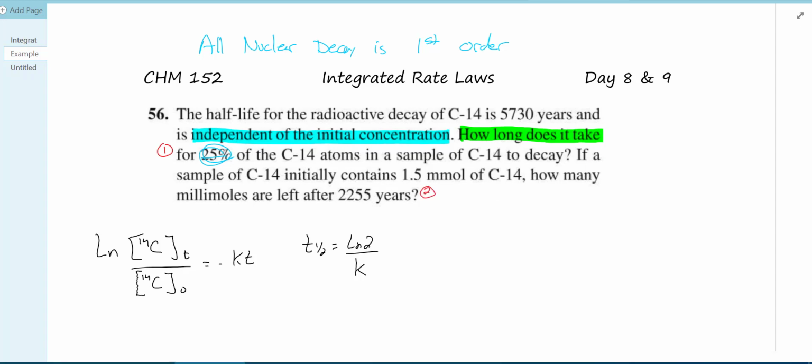Okay, so question 1, that's 2 half-lives, right? Because we go from 100 to 50, and then 50 to 25. So that's 1, 2 half-lives. So you would double the half-life, right?